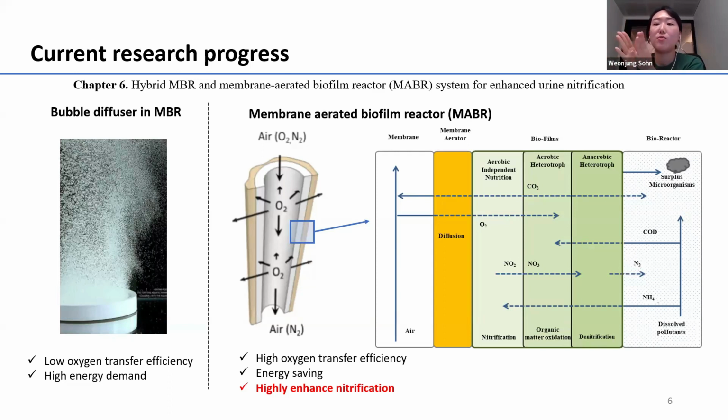And if it's too small, then biofilm also cannot be formed. So controlling the pressure of air through the membrane is the key factor in this case, not the dissolved oxygen. I'm trying to see how the biofilm can be formed on the membrane first, and then maybe controlling the thickness of the biofilm can be the critical factor for the best nitrification.